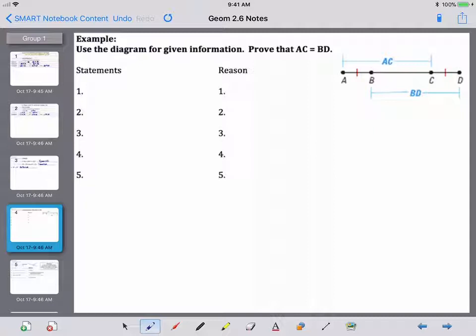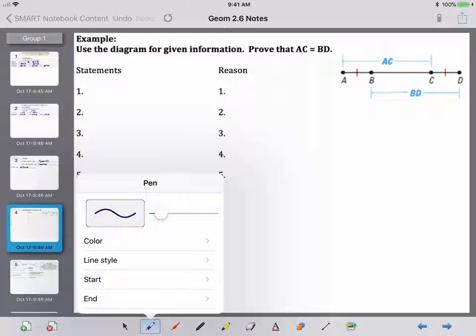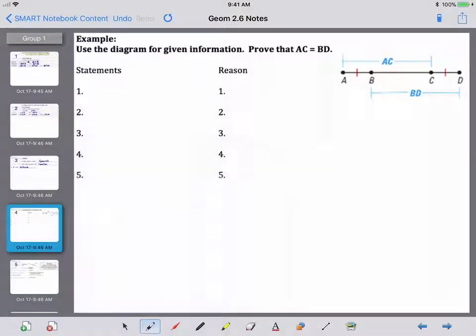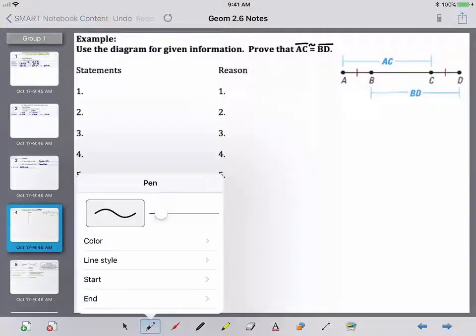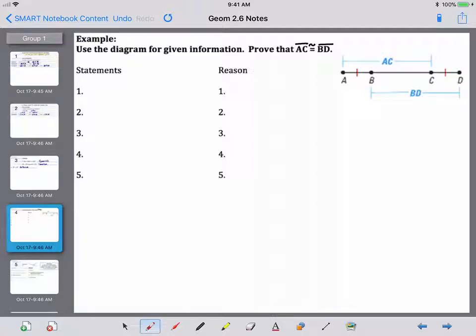Our first proof, there is a typo here, so what I'd like you to do right off the bat is, we're actually going to prove that segment AC is congruent to segment BD. So make sure you put those segment symbols and then the little squiggle that shows that they're congruent. All right, so let's get started. The first thing that we can do is start with what we know.